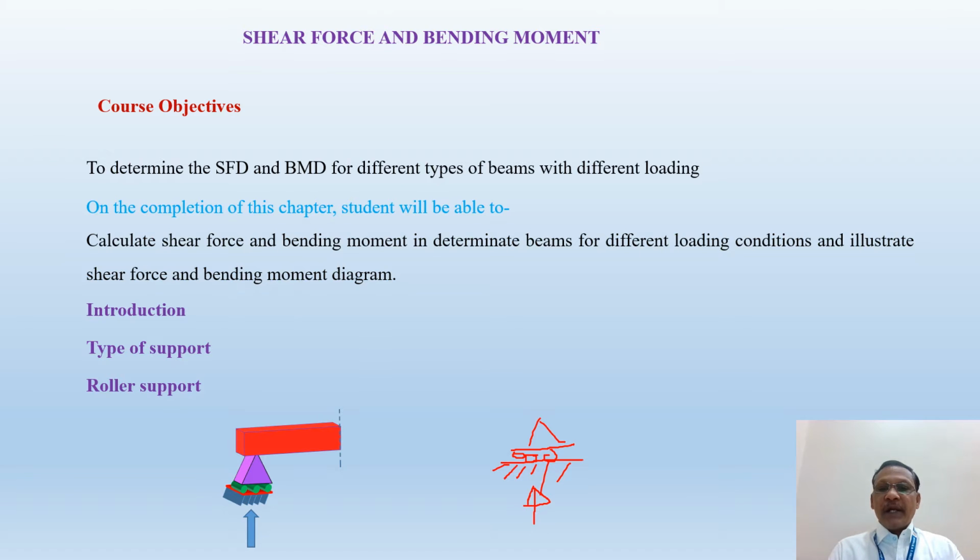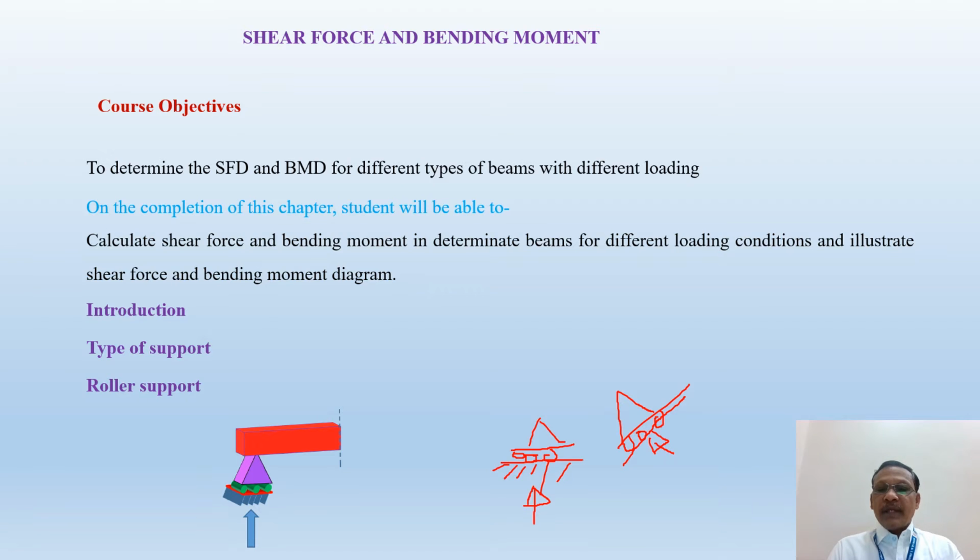Now if you rotate this roller support in any direction, through 360 degrees, again you will get only one unknown, perpendicular to the base.